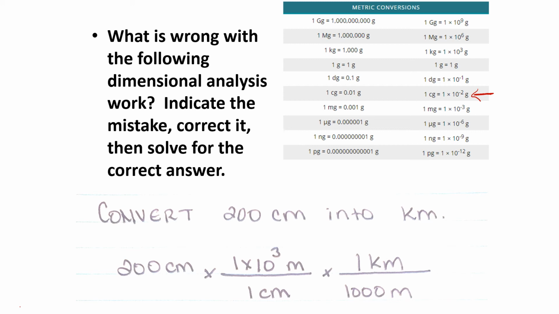For 1 centimeter, that exponent should not be times 10 to the 3, it should be times 10 to the negative 2. If we check our kilometers, that one is correct because there is 1,000 meters in 1 kilometer. So if we solve this problem, we get 0.002 kilometers.